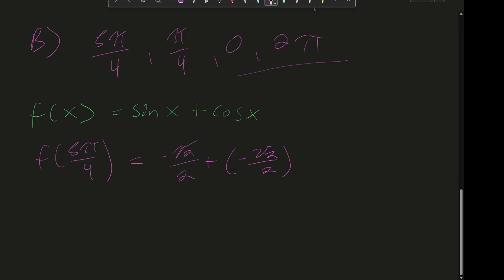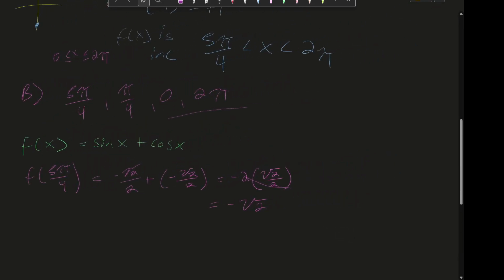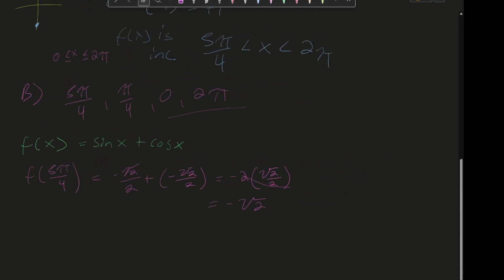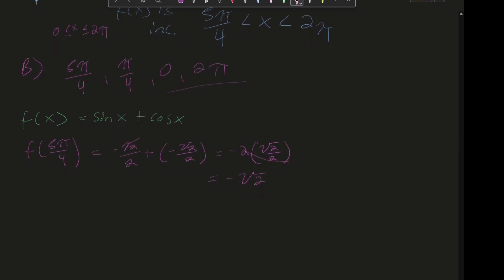That would just be 2 of those terms, so equals negative 2 of them times root 2 over 2. And then those 2's cancel. So you're just left with negative square root 2. And then you'll just plug in the other values and compare.